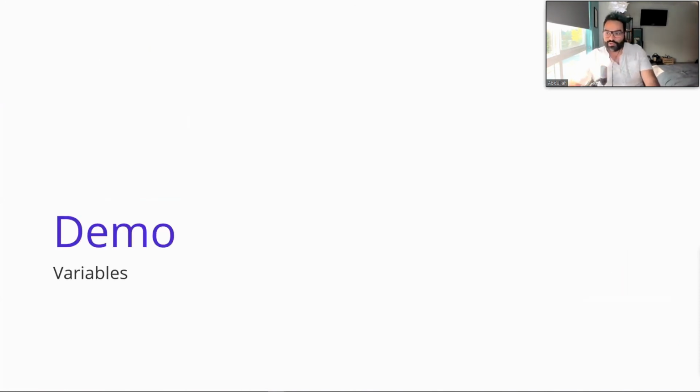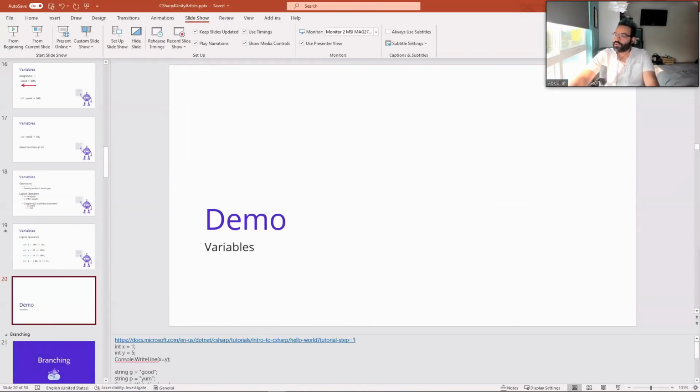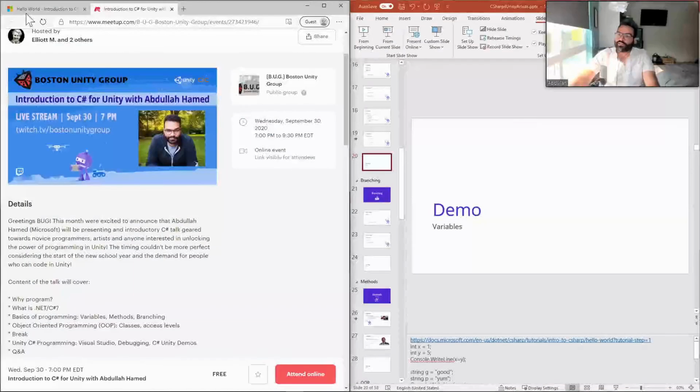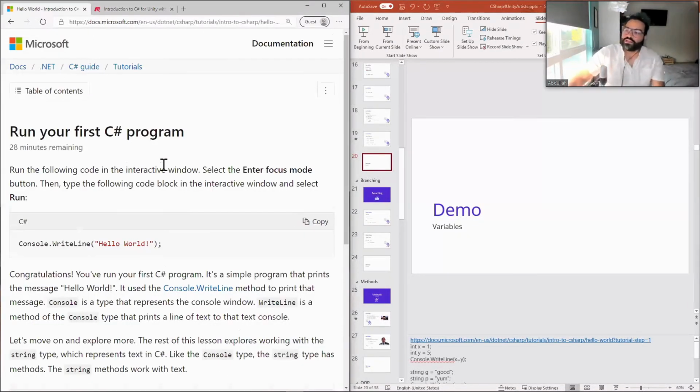All right, so let's do a little demo about variables. It's going to be a short little demo. So here is a really cool tool that I'm going to link to at the end of the presentation. There's going to be a PDF that I'm going to link to with all the different resources that I use.